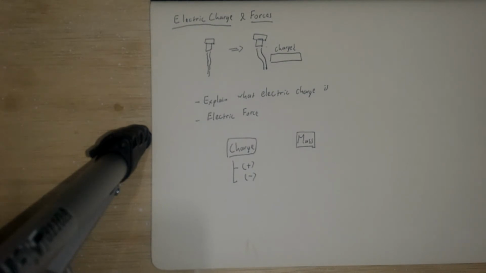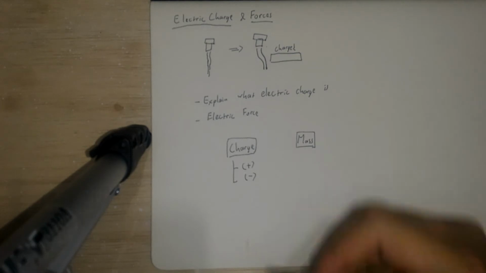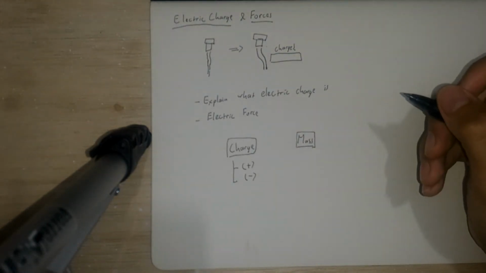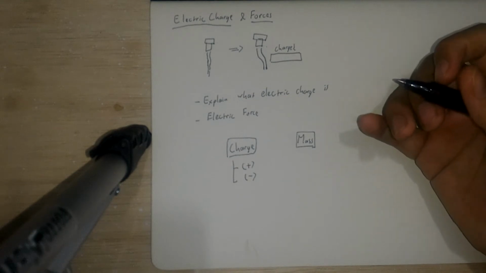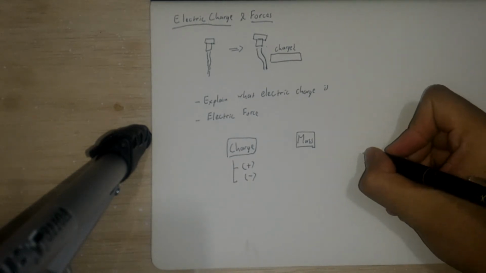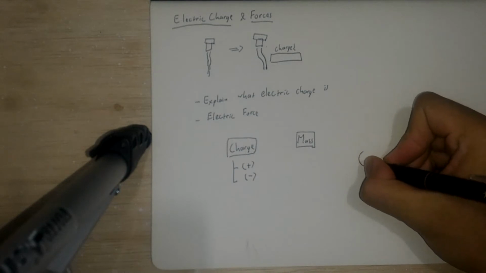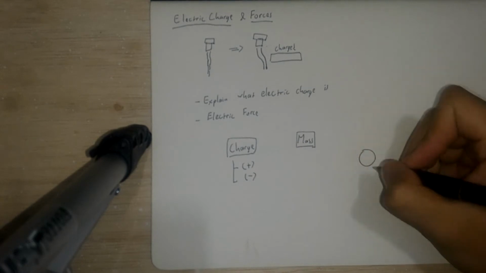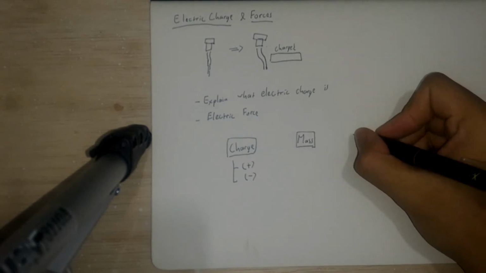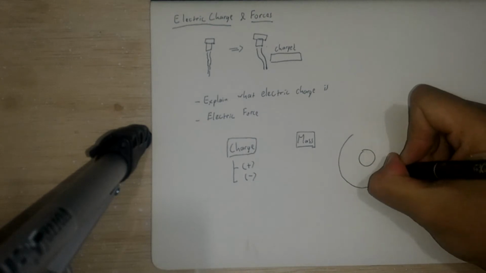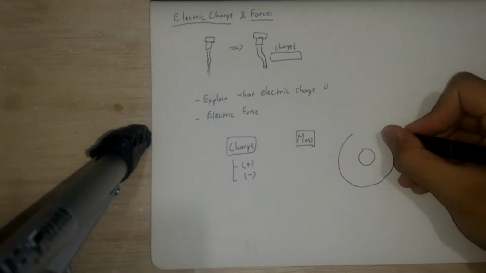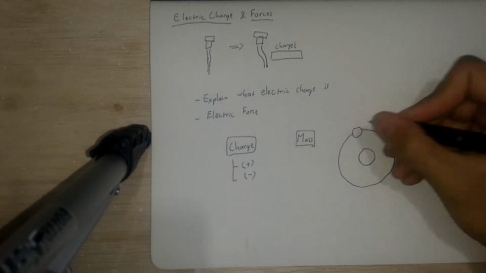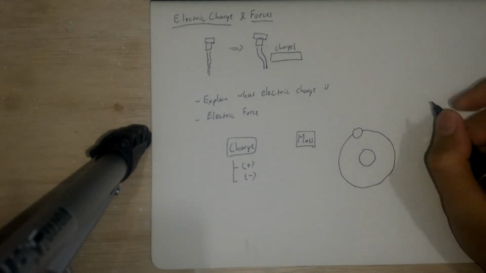If you're familiar with the atom too, mass and charge are related to it, but we're going to talk about charge now. In the simplest atom, there is just one proton and one electron orbiting the proton.